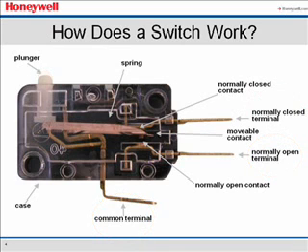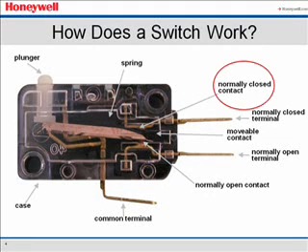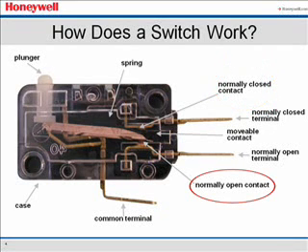As the plunger is depressed, it reaches the operating point. The distance between the free position and the operating point is called the pre-travel. At the operating point, without further movement of the plunger, the common contact accelerates away from the normally closed contact. Within a few milliseconds, the common contact strikes, bounces, and comes to rest against the normally open contact.